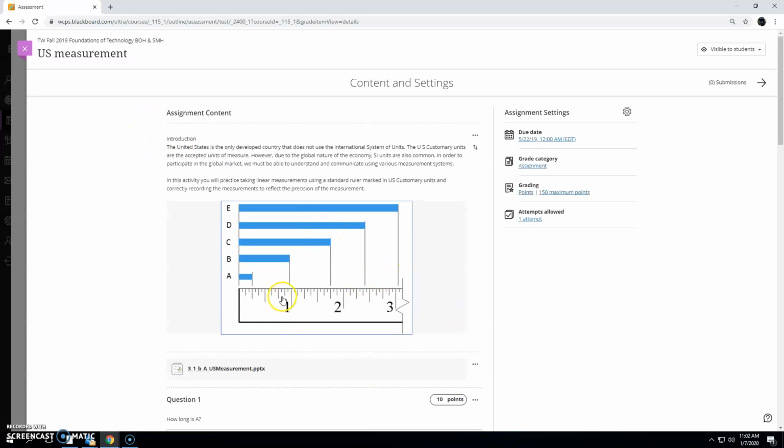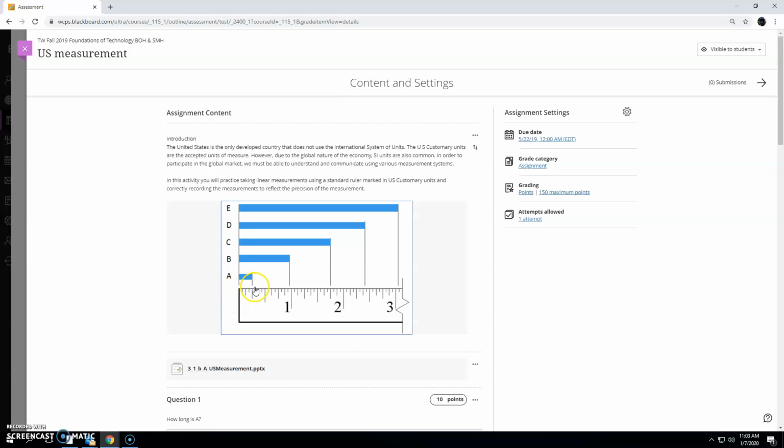US measurement, we have a system where we traditionally use fractional inches. The ruler that you can see here on the screen is divided into fractional inches. So each of these little graduations, as they're called, are worth a 1/16 of an inch. And this is a kind of a life skill.